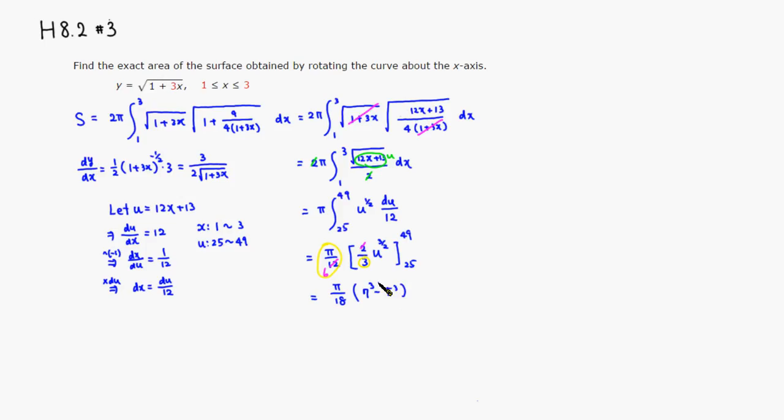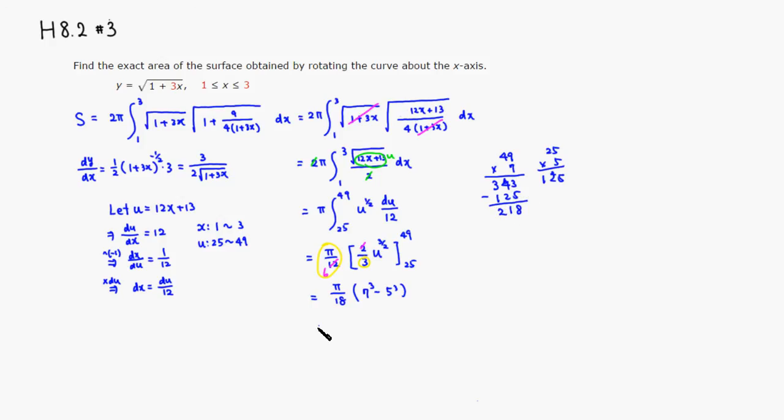What's 7 cubed? 7 times 7 is 49, times 7: 63 and 28, so it's going to be 343. And you are subtracting 25 times 5, which is 125. So that's 218.